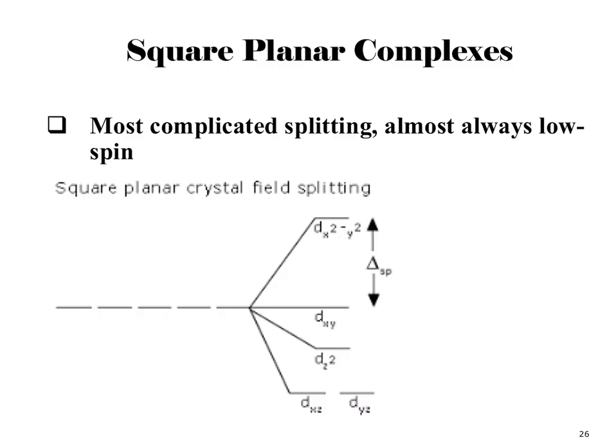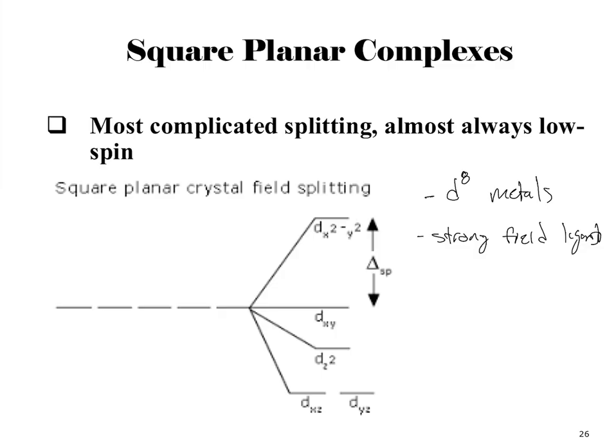And the reason is because most square planar complexes are always going to be low spin, and they're usually going to be D8 metals with strong field ligands. Right, so nickel, palladium, platinum, those are all D8 metals.